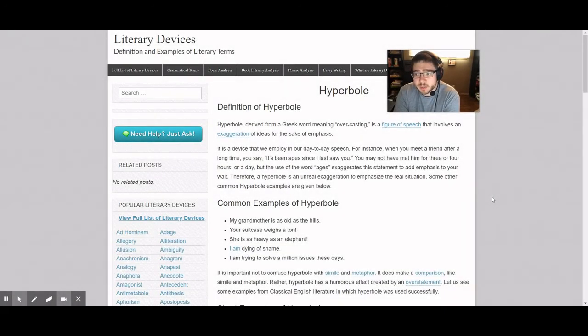So one of the reasons why I like hyperbolas so much is because they're very close to a hyperbole, which is derived from the Greek word meaning overcasting. It's a figure of speech that involves exaggeration of ideas for the sake of emphasis. And I do this a lot. I'm not going to lie. I will tell you guys, it's been ages since I've seen you, and all that kind of stuff.